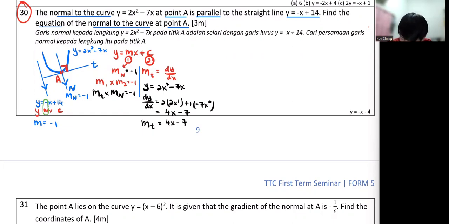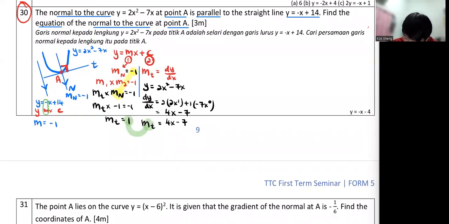So we can sub in the -1 into the mn. Bring over, divide -1 by -1, we can find mt. So here you get another mt. We got 2 mt already. So we can set 4x minus 7 equals 1. So this is where we can get back the point A.